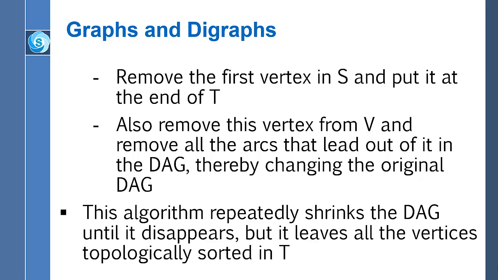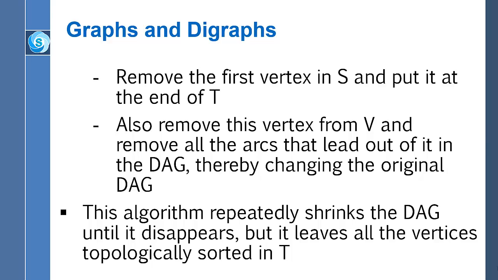And big surprise, that's it. Okay? We've described the entire algorithm. The DAG eventually disappears, but what you end up with is a list, capital T, that contains all of the vertices from the DAG.